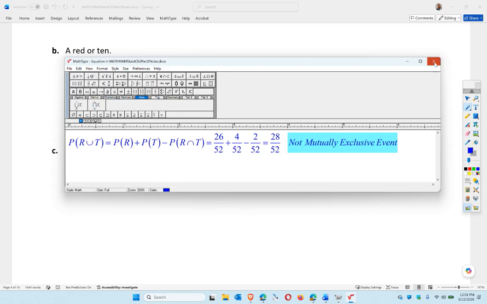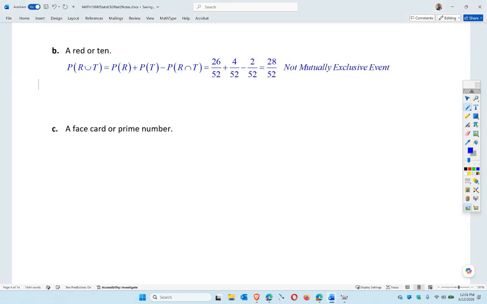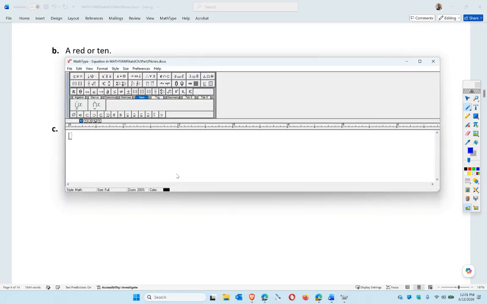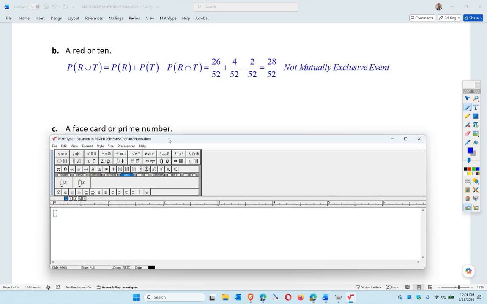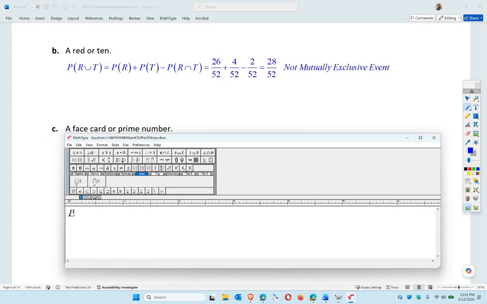Okay, let's try one more here. How about a face card or prime? Okay, so go down there. Probability of a face card or prime. Format color blue. Okay, equals.